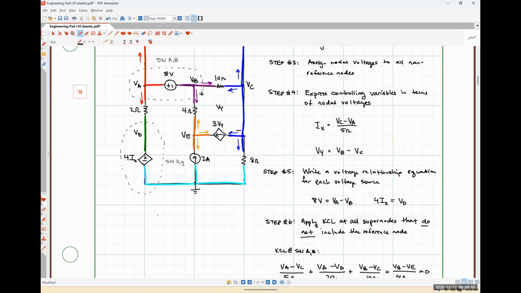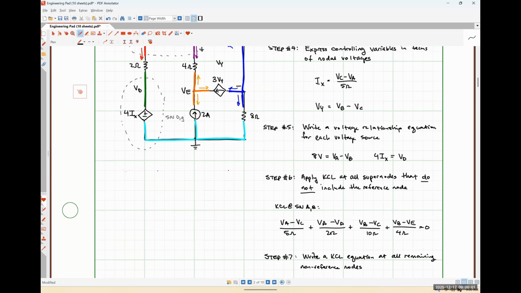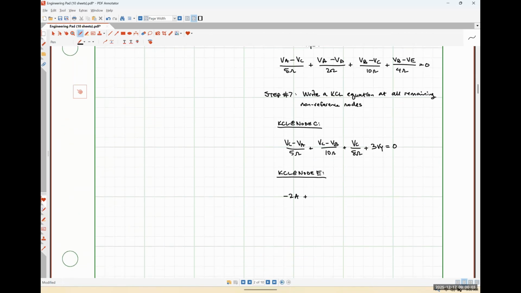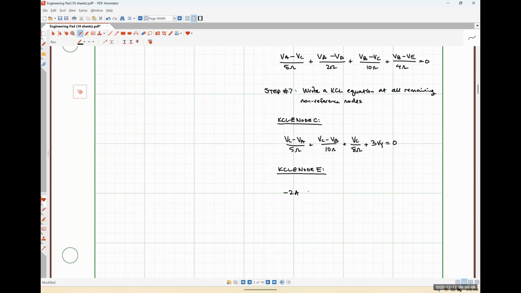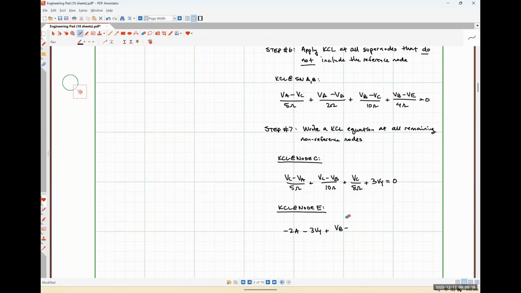Negative 2 amps. All right. Negative 3 VY. VE minus VB over 4. Yeah, I misheard you.